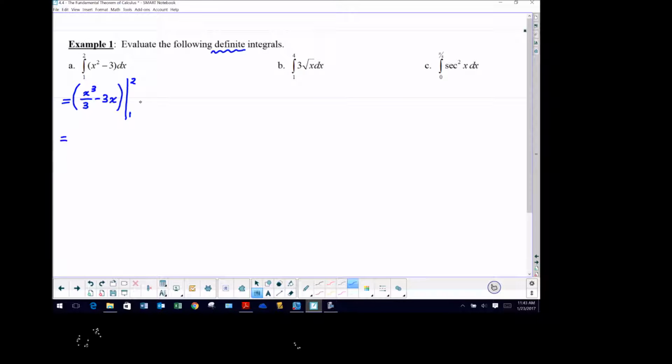If you plug the 2 in for the x, you would get 8/3 minus 6. Like I said, this is the part where students can run into the biggest trouble.